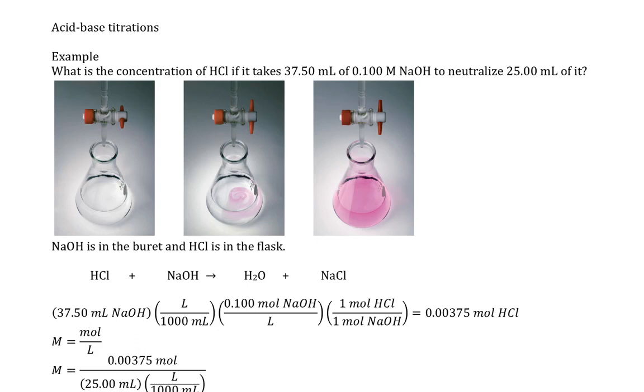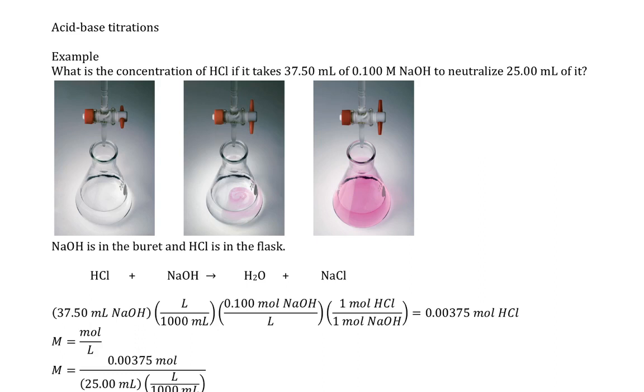And then we have a burette, which is a long, skinny piece of glassware that has a stopcock at the bottom. When we put liquid in it, we can open it and let liquid from the burette out. Also on the burette, we have graduation marks, so we can determine the amount of liquid that we have used.